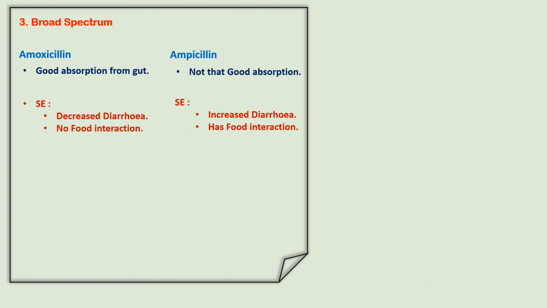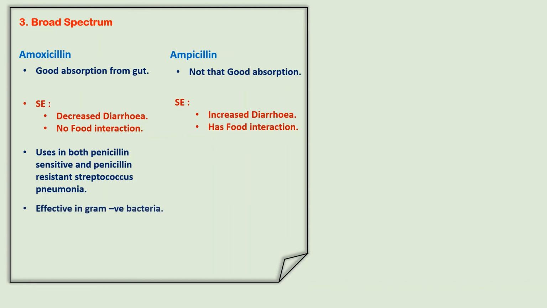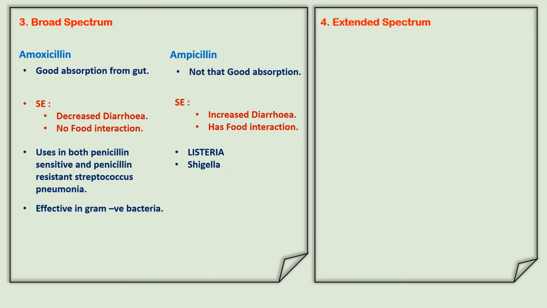Now about the uses. Amoxicillin, being a broad spectrum antibiotic, is used in both penicillin sensitive and resistant streptococcal pneumonia and also against gram negative bacteria. And ampicillin is used in listeria and shigellosis. Last is the extended spectrum, which includes the carboxypenicillins and the ureidopenicillins.